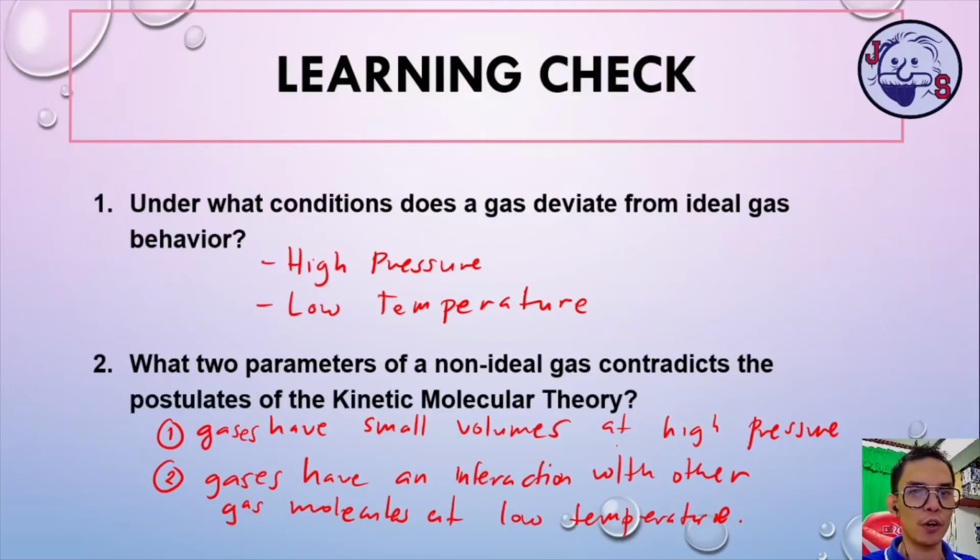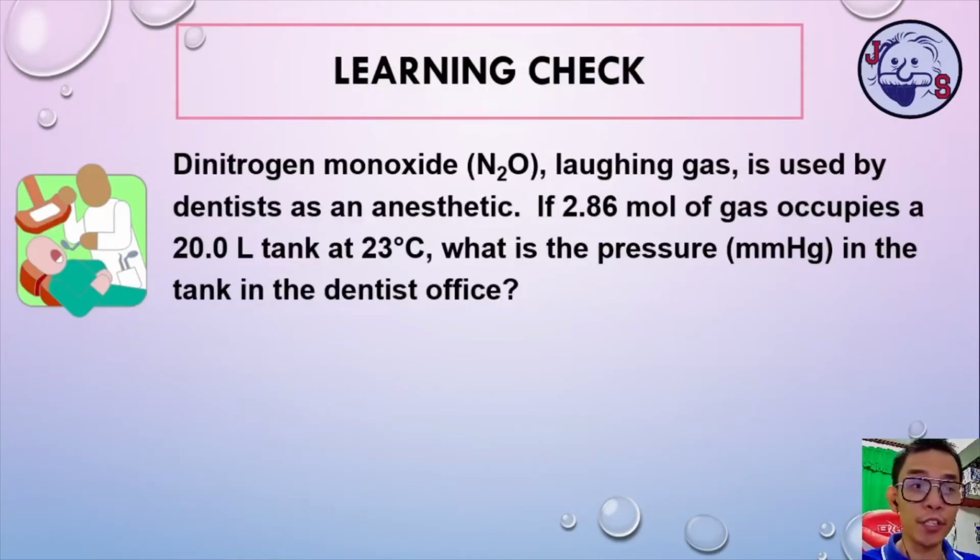Alright, so the next one that we have right here is the sample problems using the ideal gas law that we have learned in this video lesson. Here we are in the first sample problem about the ideal gas law. In these sample problems, we will find out how to use the ideal gas law in solving word problems.